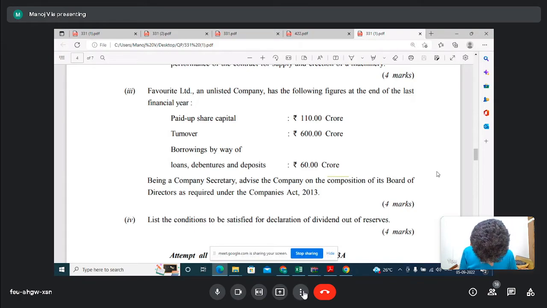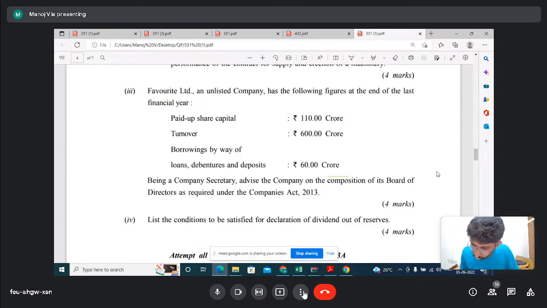Now you tell me in what categories of unlisted public company am I supposed to appoint independent directors? Page number 701.